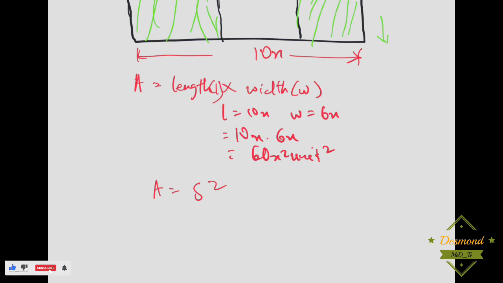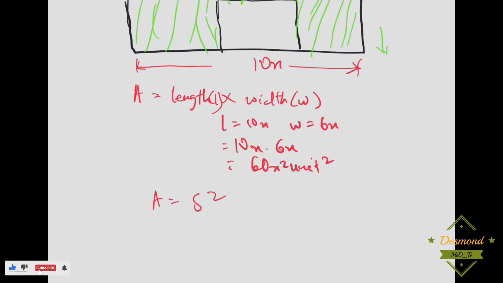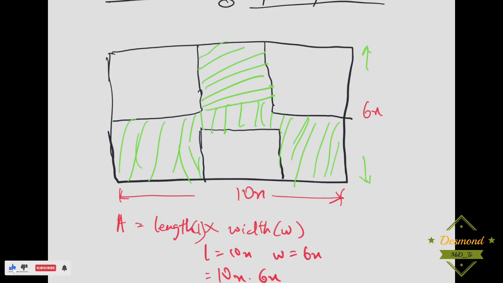And let's say each side is 4. Let me put 4 there, 4 here, and 4 there, because they are squares, right? So each side is 4.